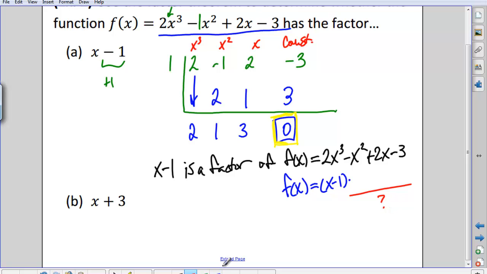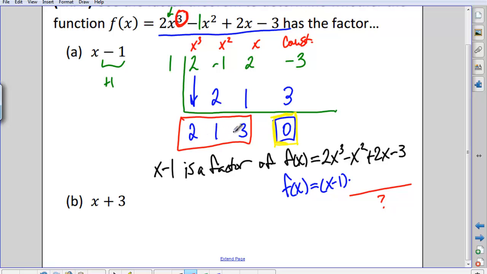Well, we could get that from these numbers right here, 2, 1, 3. These other numbers at the bottom of our synthetic division, those are coefficients of a polynomial whose degree is 1 less than what we started with. Okay, we started with a third degree polynomial.